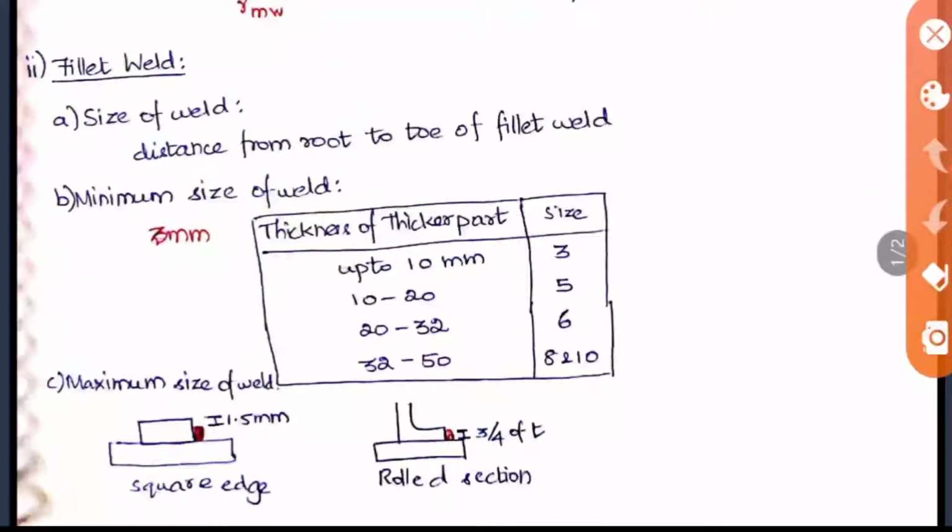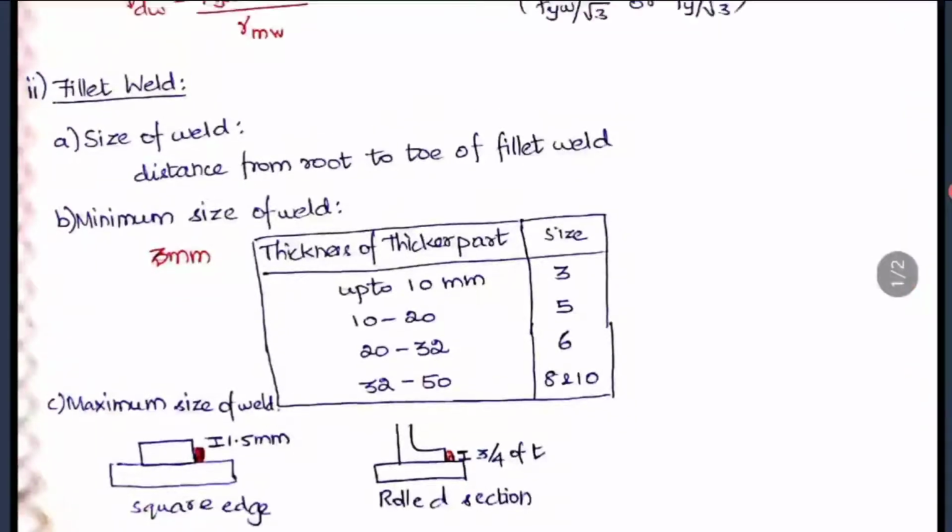Next we are going to see the fillet weld. First, let us see the size of the weld. It is the distance from the root to the toe of the fillet weld; that is what we mean by the size of the weld. The minimum size of the weld is based on the thickness of the thicker part.